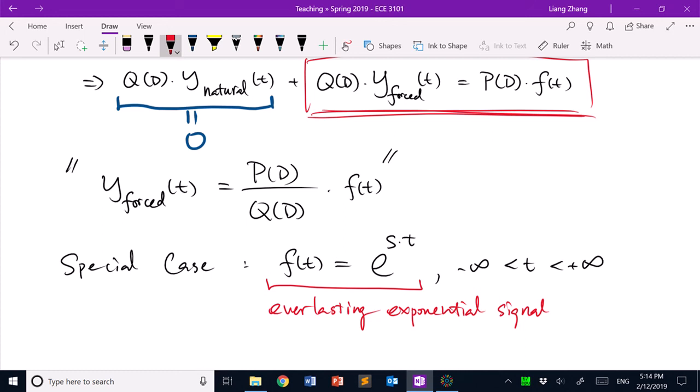Again, exponential signal. And of course, you should not use the convolution anymore because there's no u of t involved in this particular input. Okay? So how do we solve this? And for this special case, what can we know about the forced response? We'll discuss this in Thursday's class.